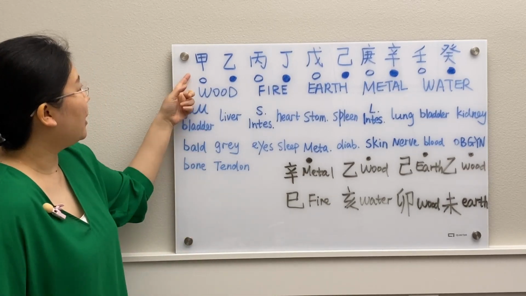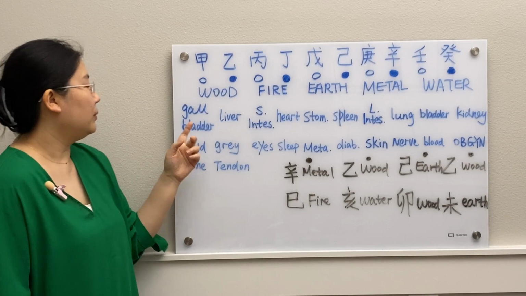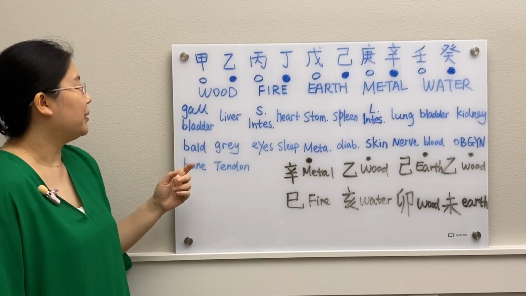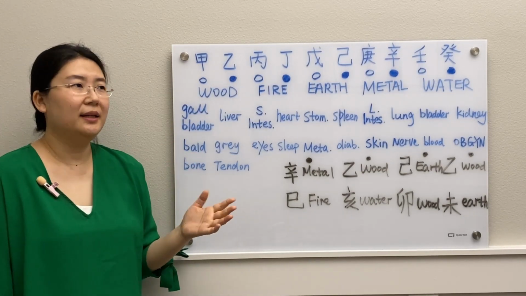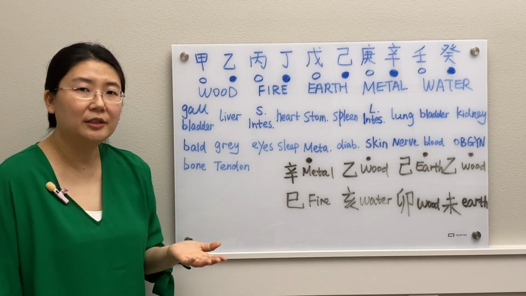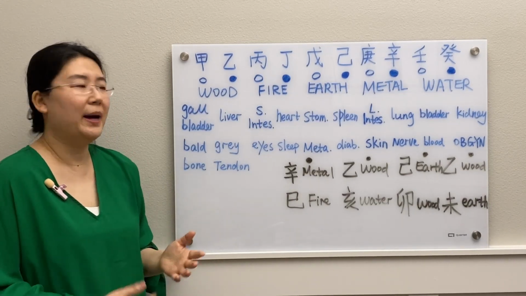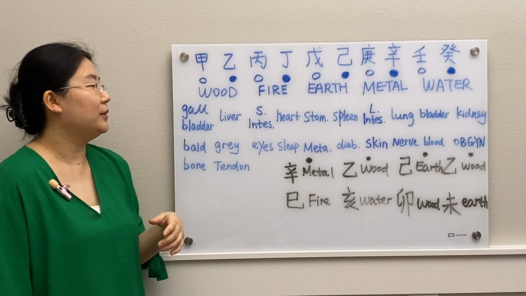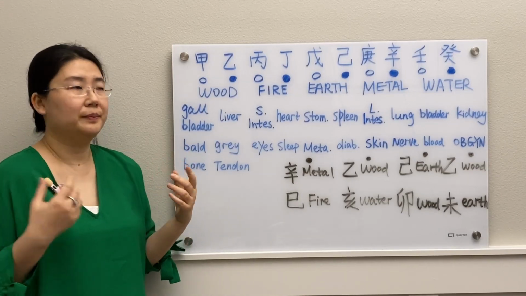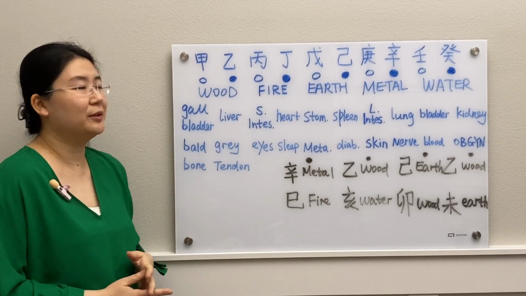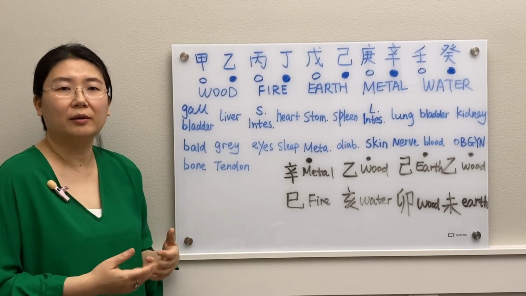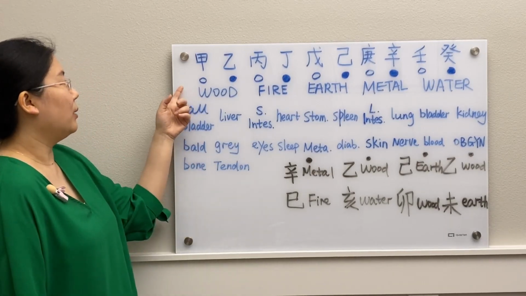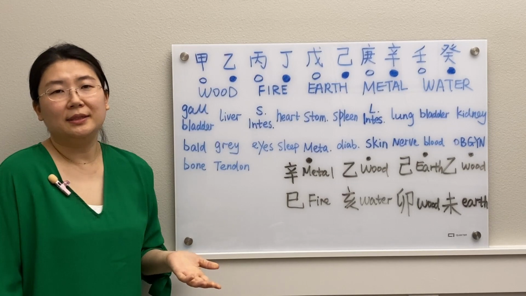So let's say this yang wood, right? Not only does it represent gallbladder, but when it's being collided or being suppressed too much, the moment it's out of balance, that translates to our body hair. So you can actually see somebody losing hair or getting bald when this yang wood is in an out of balance state.